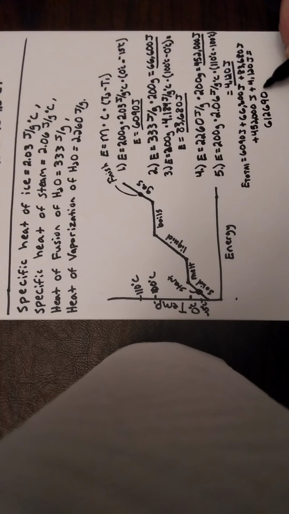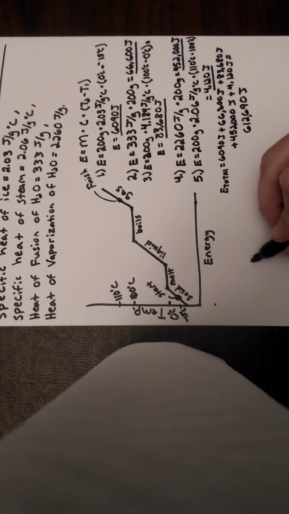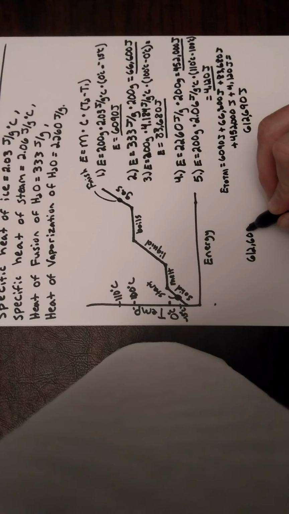612,690 joules. But joules are a very small unit, and talking about them in the hundreds of thousands or millions of joules is not usually how we go about this. So usually we convert our joules into kilojoules, which is always the same conversion factor.